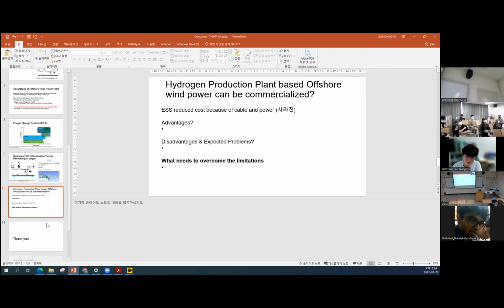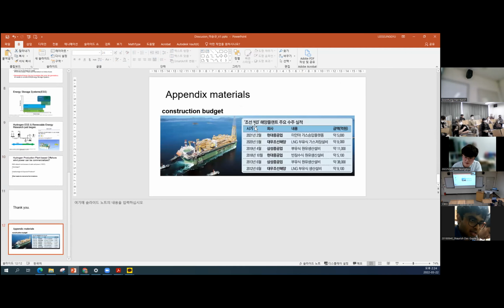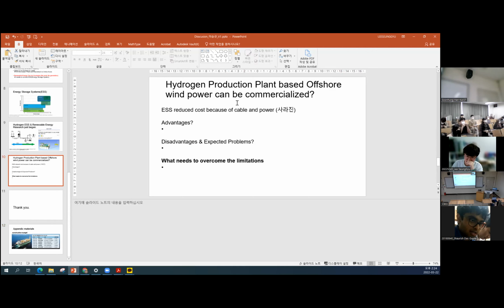So I show you something. This is the construction budget, over 5,000. It's very high. So my question is, can this be commercialized?